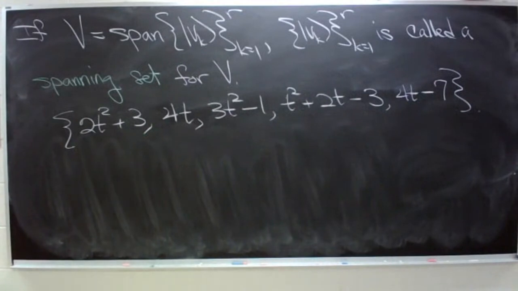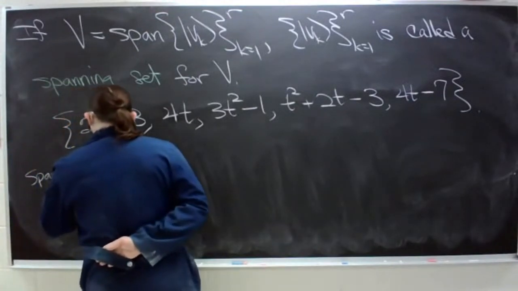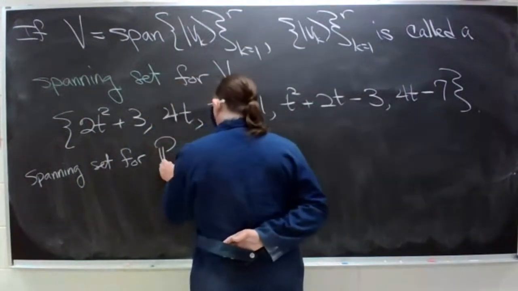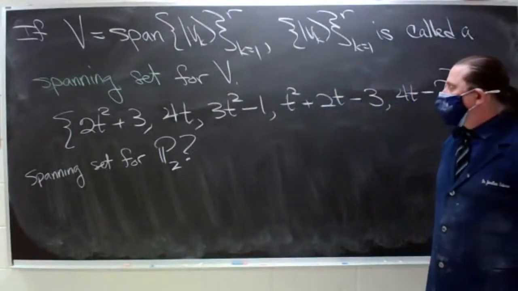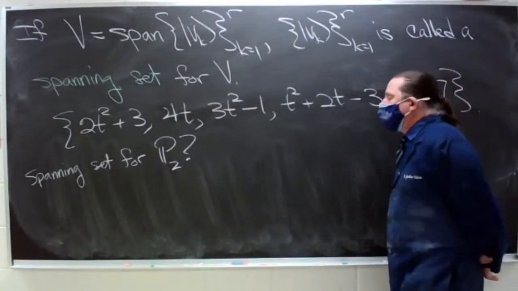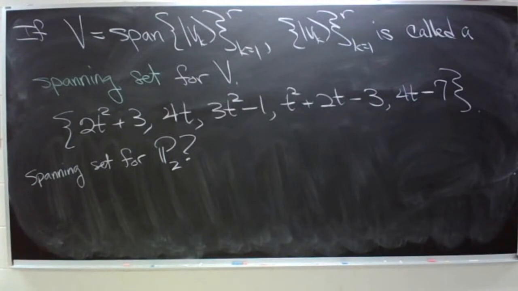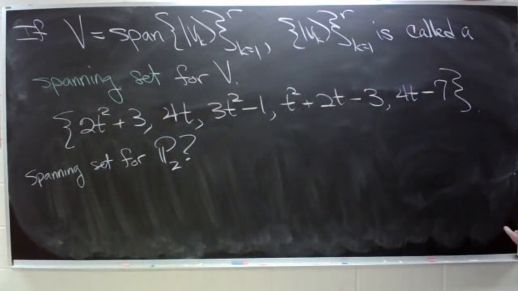Does this represent a spanning set for P2? Well, the question would be, can I get an arbitrary element of P2 as a sum of scalar multiples of these 5 vectors?